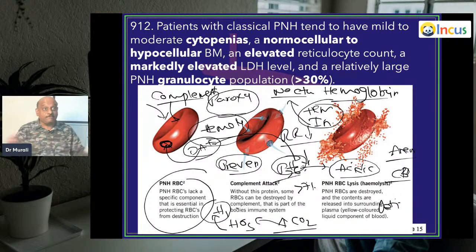That means there is hemolysis happening somewhere. So anemia with brisk reticulocytosis is hemolytic anemia. Anemia with a normal reticulocyte count is iron deficiency anemia. Anemia with a low reti count is aplastic anemia. That means bone marrow failed, is what you need to remember.